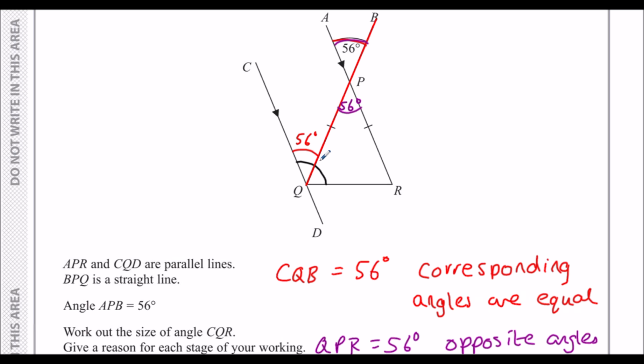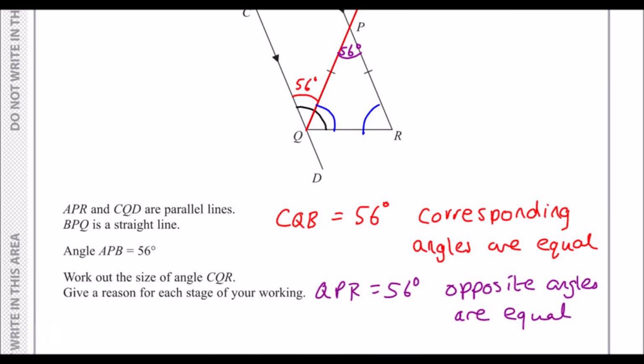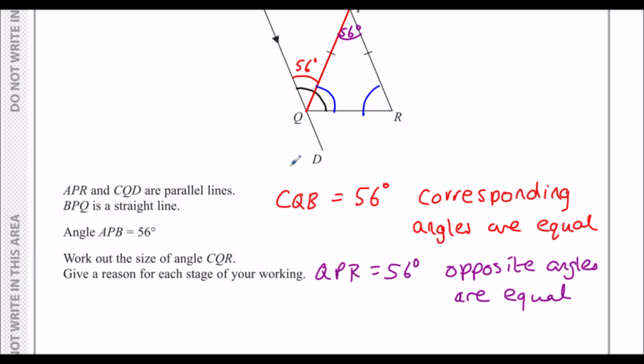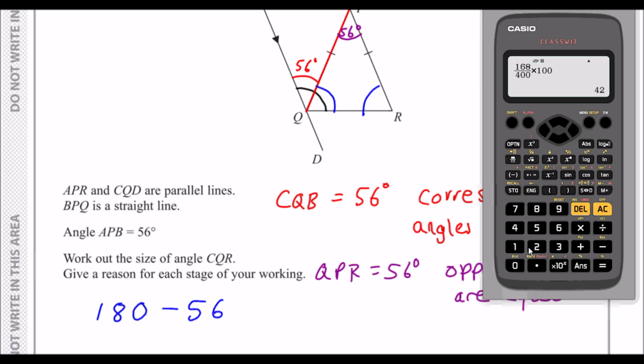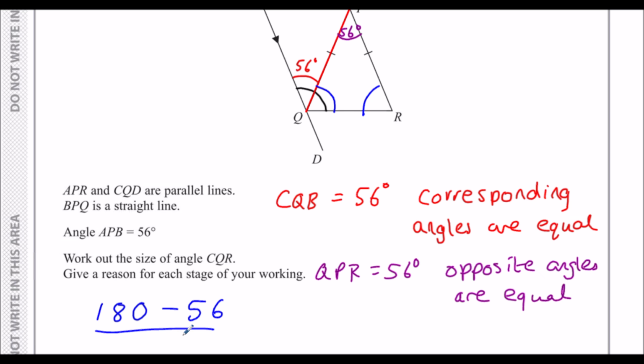So the angles at the base of an isosceles triangle are equal. So they must be the same. Angles in a triangle add up to 180 degrees. So if we take away the 56, 180 take away 56, that means these two angles must add up to 124. So they're both 62.